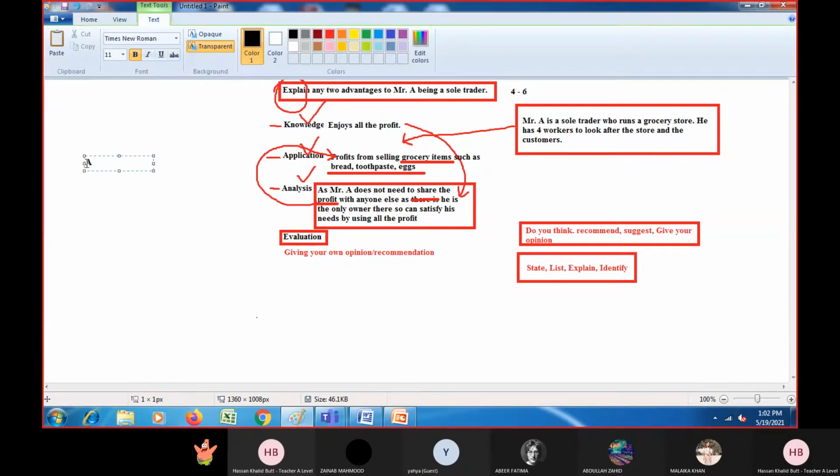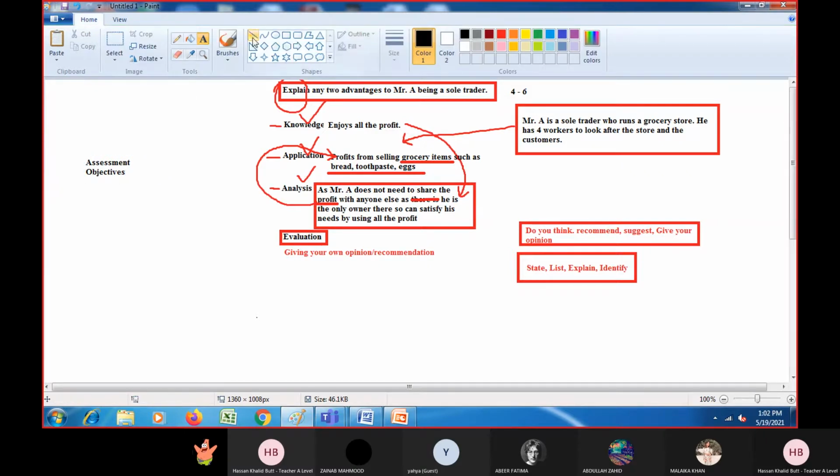Let me write it there so that you get familiar with that term as well. Assessment objectives. So we have assessment objective number 1, that is knowledge. Assessment objective number 2, that is application. Assessment objective number 3, analysis. And assessment objective number 4, that is evaluation.